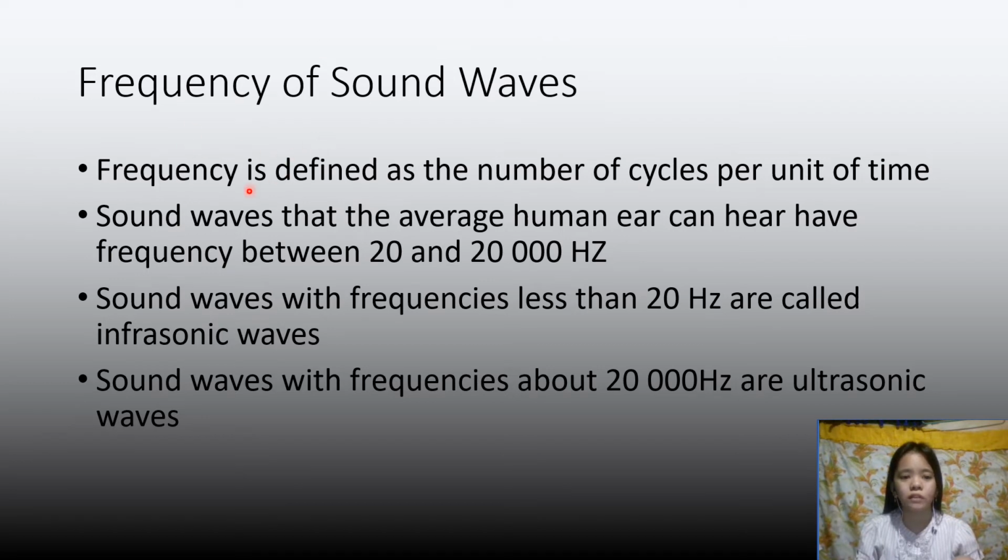Frequency of sound. Frequency is defined as the number of cycles per unit of time. Sound waves that the average human ear can hear have a frequency between 20 to 20,000 Hz. This is called audible sound. Sound waves with frequency less than 20 Hz are called infrasonic, and sound waves with frequency above 20,000 Hz are ultrasonic waves.